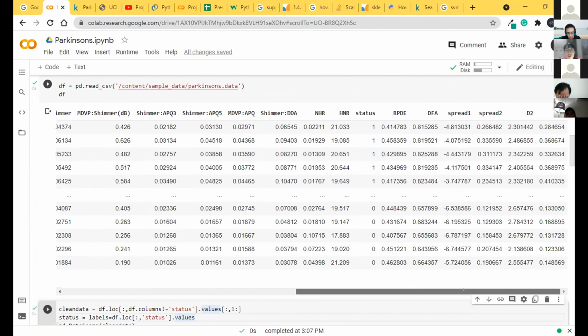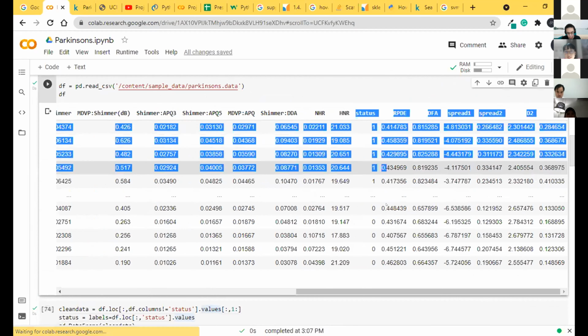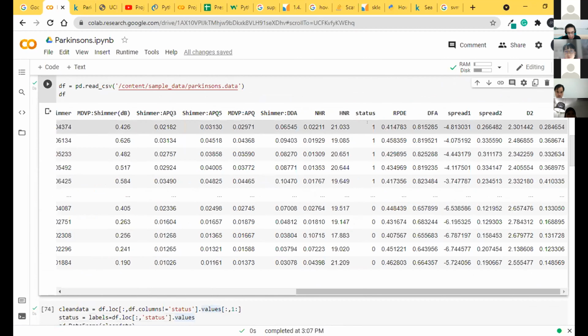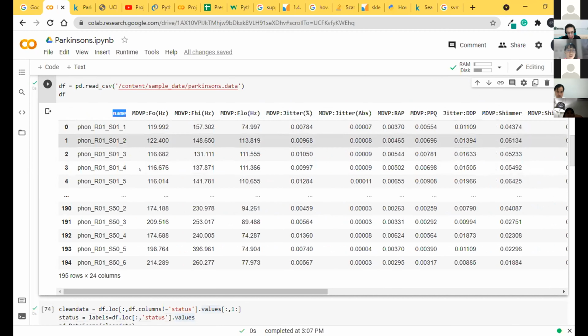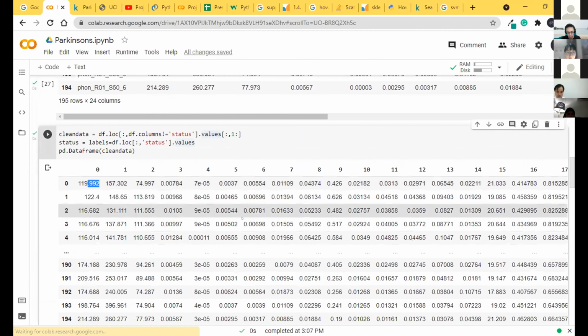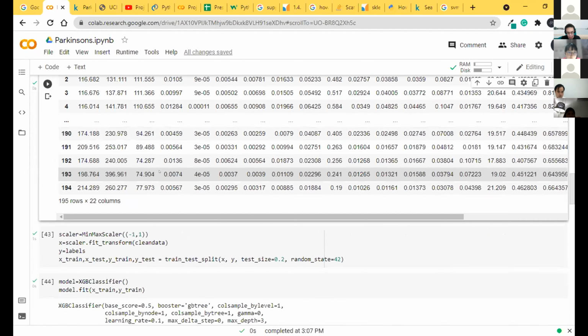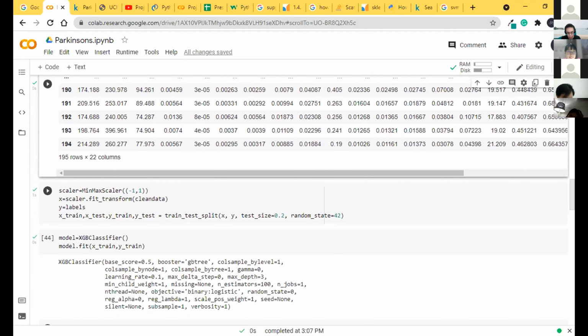The original includes a status column, which tells us about the people: 1 is who has Parkinson disease, and 0 is who doesn't have it. So I remove this one, and I also remove the name too. So it becomes like this. It's pure data now, so we can do the analysis now.